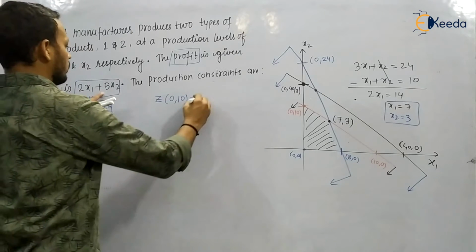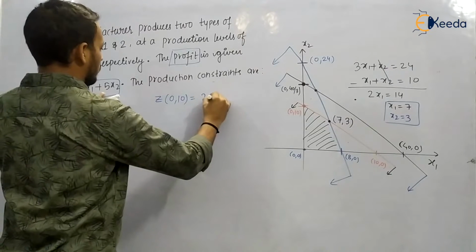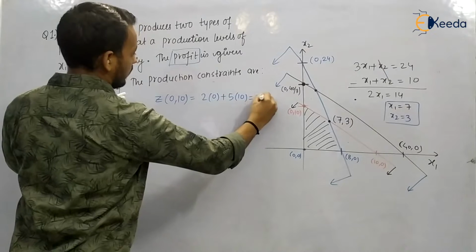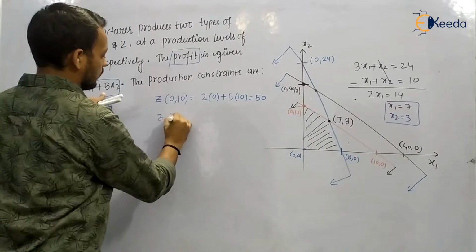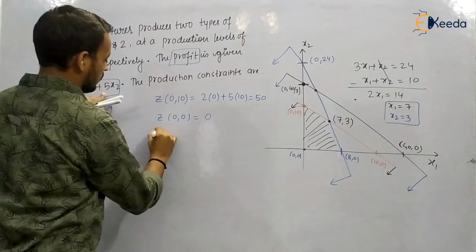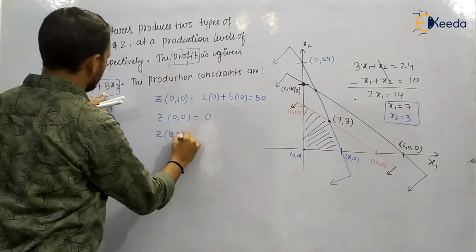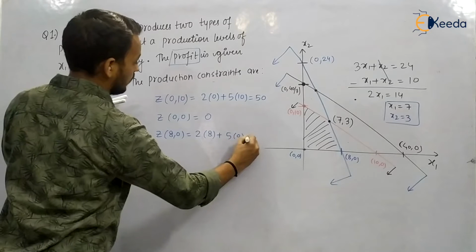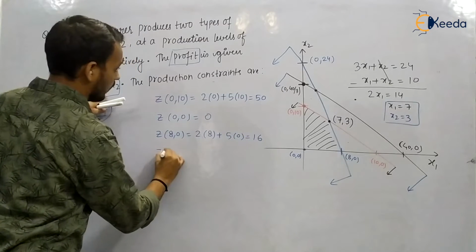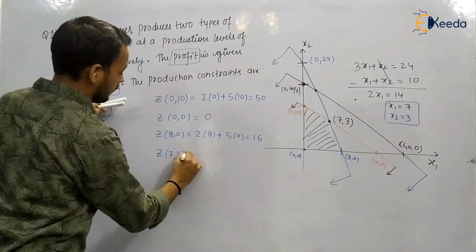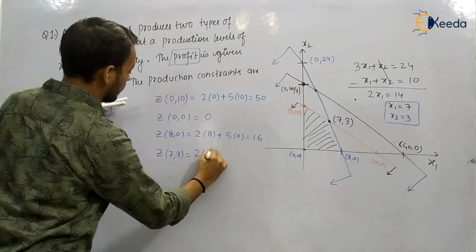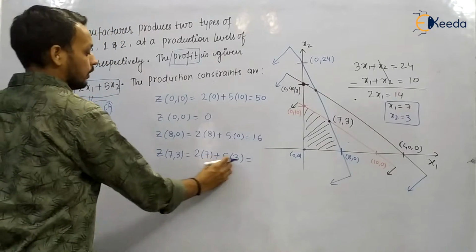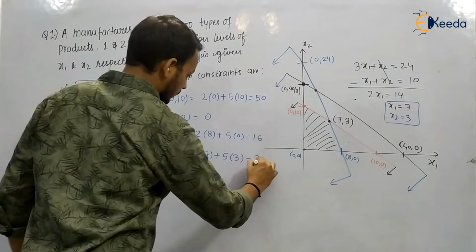So this is going to be 2 into 0 plus 5 into 10, that is 50. (0, 0), it means 0. (8, 0), it means 2 into 8 plus 5 into 0, you will get 16. And now (7, 3), you will get 2 into 7 plus 5 into 3. So this is going to be 14 plus 15, this is going to be 29.